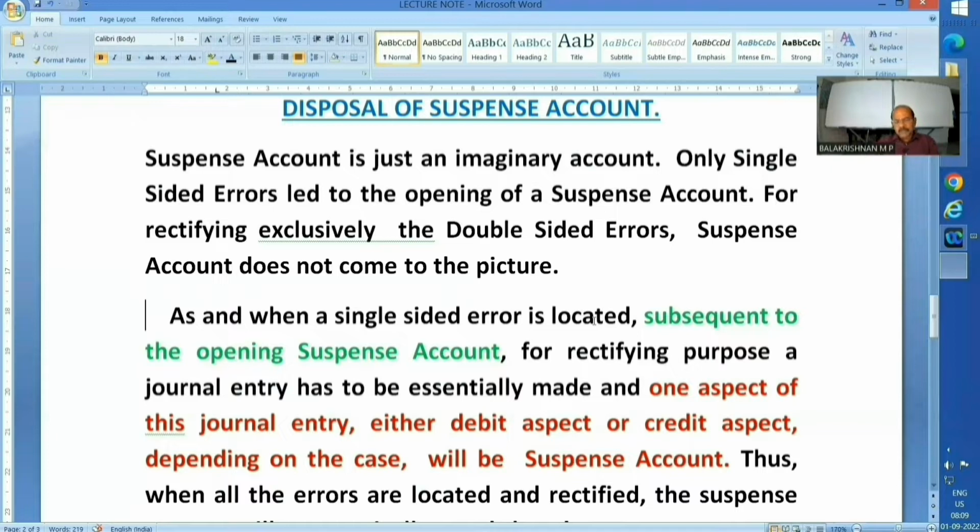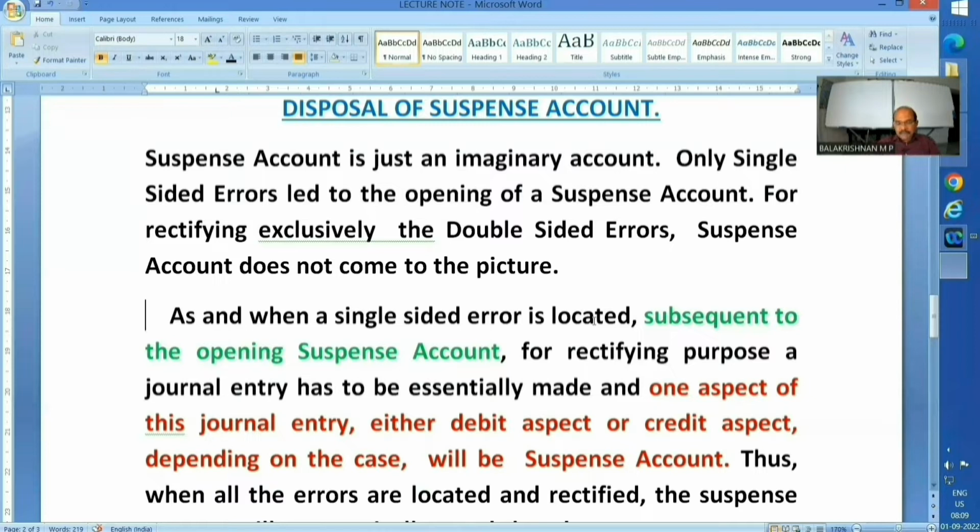Now, subsequent to the opening of such a suspense account, for rectifying purpose, a journal entry has to be essentially made, or subsequently you have located the mistake, and for rectifying such mistakes, essentially it has to be done through a journal entry, not in the way I explained in my last episode by showing an explanation line or something like that. No, a proper journal entry you have to make here.